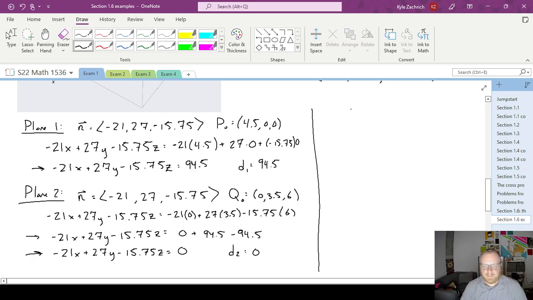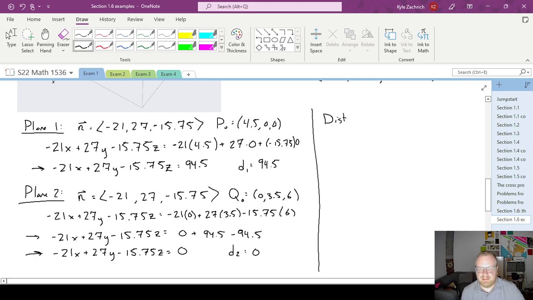Awesome. Okay, the distance between these two lines, or these two planes, however you want to think about it, is not 94.5. We do have a match here, which is good. We have negative 21, 27, and 15.75, which is great, but we want to use the following formula.